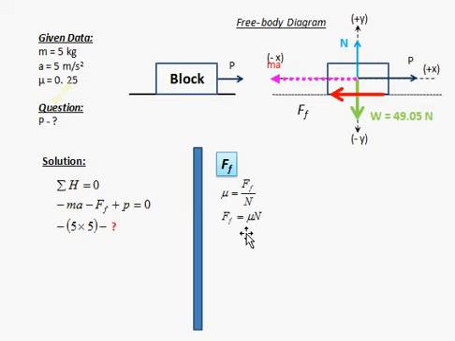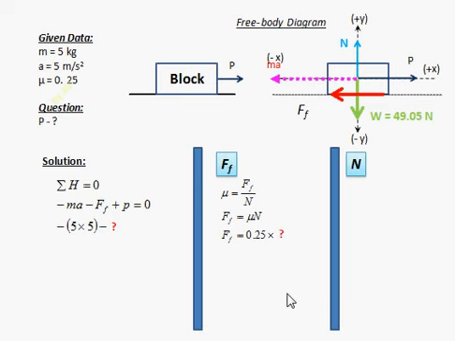So what we need is the frictional force. Taking the frictional force to one side and the remaining terms on the other side, we get like this. So the coefficient of friction is of course given in the question, 0.25, but right now we don't know N, which is the normal force or reaction force. So we need to calculate the normal force or reaction force, which is denoted as N.